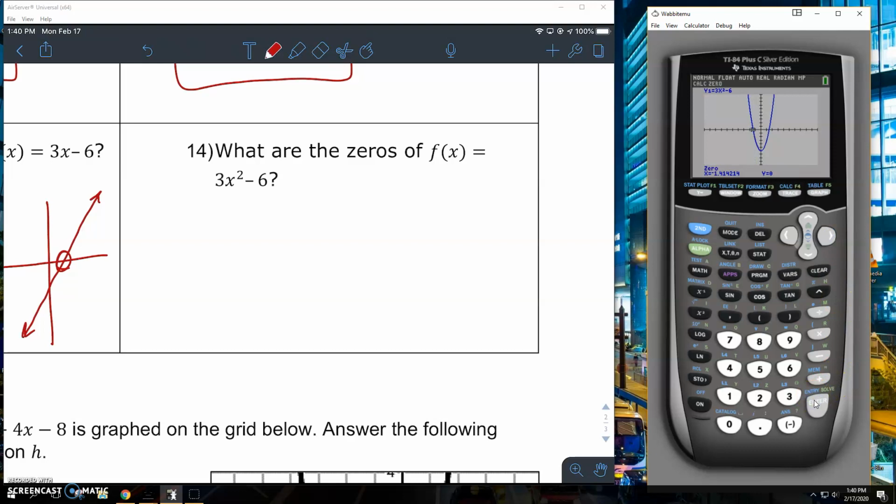And I get one is at -1.414. And the other one is at +1.414.